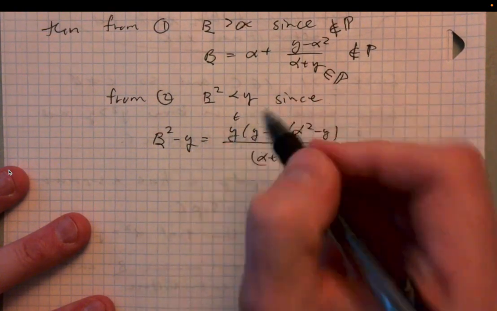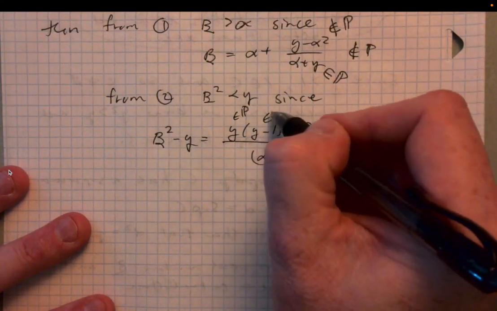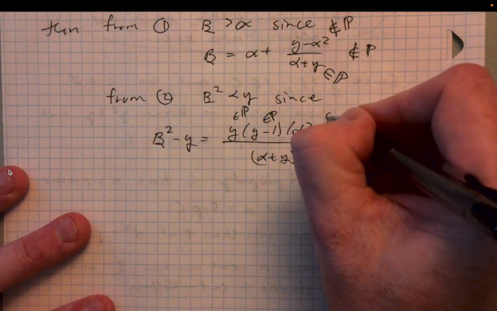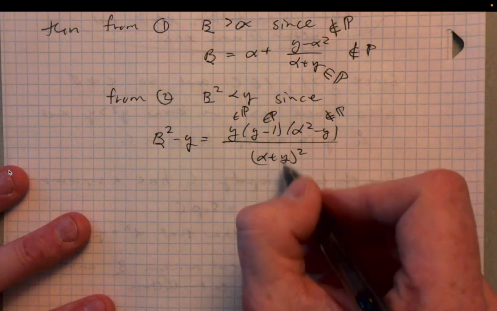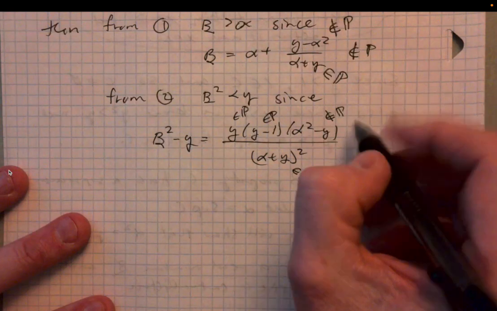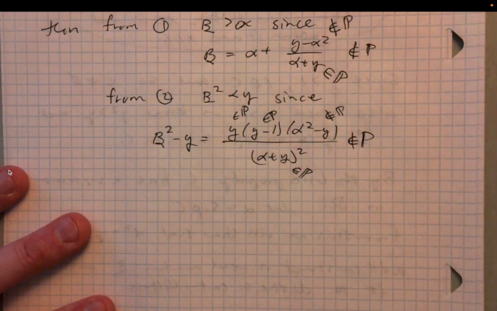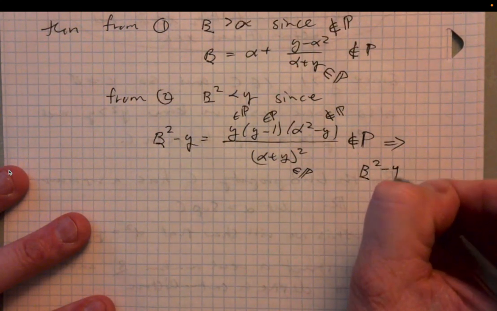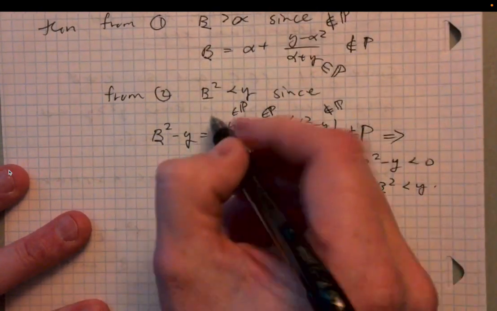Now, y is in P. Y minus 1 is in P. Alpha squared minus y is not going to be in P. And alpha plus y, that thing squared, would be in P. So this whole thing is not in P. And so the implication is that beta squared minus y is less than 0, so beta squared is less than y, as we've written here.